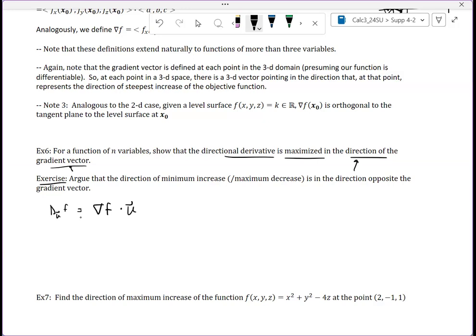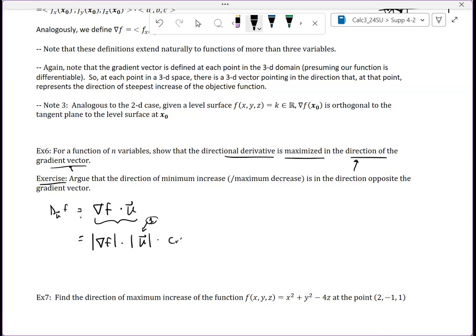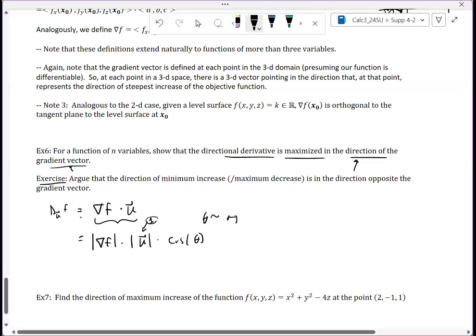Here we're going to use a piece of information from chapter 12, where we said the dot product of 2 vectors is the product of the lengths of the vectors, times the cosine of the angle in between them. Well, the length of u is just 1. So cos theta, where theta is the angle between grad f and u.